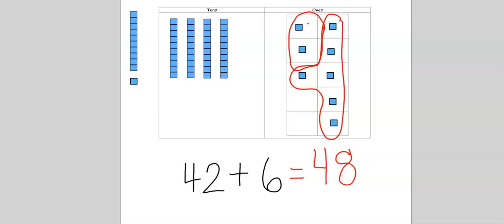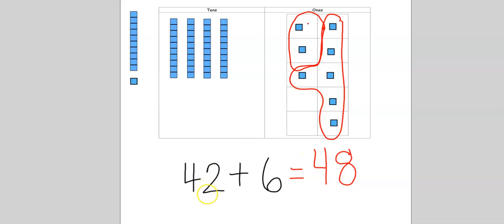Great job. Another thing I could do is think of 42 and add 6 more. So let's do that. If I have 42 and I have 6 more, 42, 43, 44, 45, 46, 47, 48.